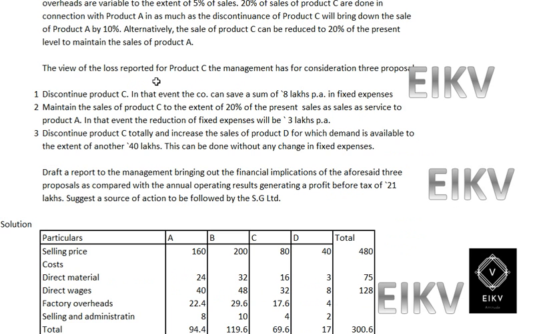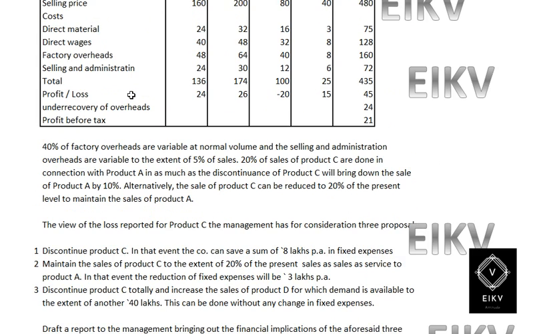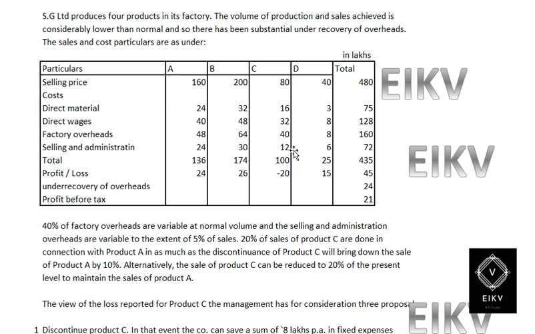Going further, in view of the loss reported for product C, the management has three proposals for consideration. When we analyze the table, we can easily understand that product C is in a loss of negative 20.